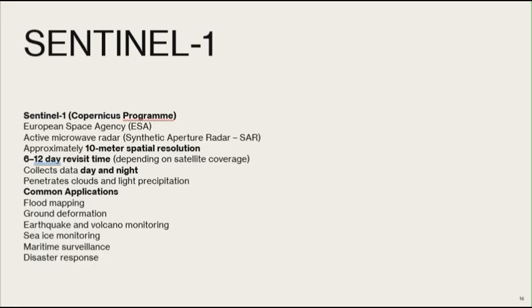Sentinel-1 has a spatial resolution of approximately 10 meters, which is comparable to Sentinel-2 for many applications. However, instead of measuring color or reflected light, it measures the strength of the radar signal that's reflected back from the Earth's surface. As a result, Sentinel-1 images appear in shades of gray rather than natural colors like we saw in that last slide.